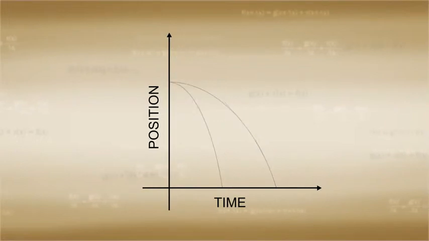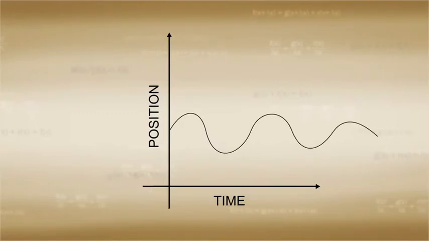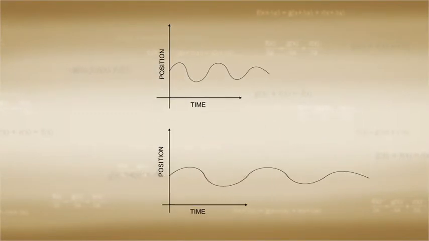Even if the curve describing the motion is far more complex than the one describing a falling ball, we could still say that the derivative describing the motion of such an object would be half as large if we would slow down time by a factor of 2.